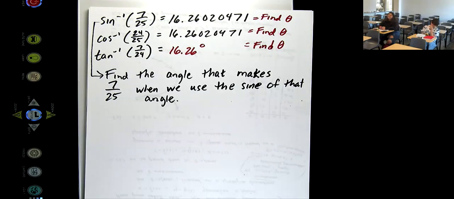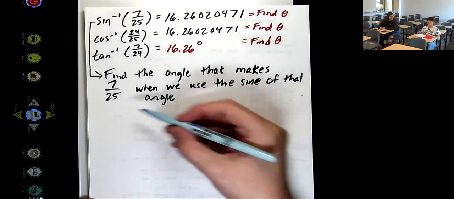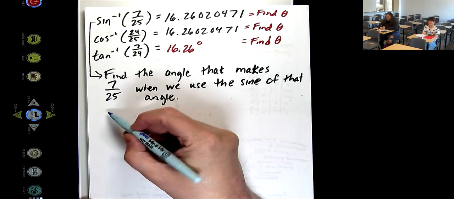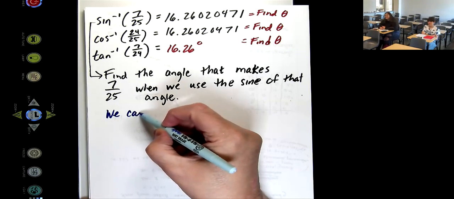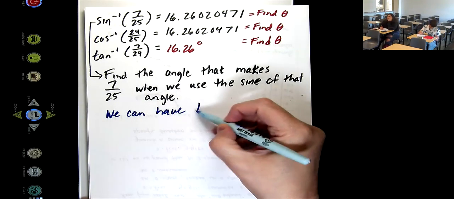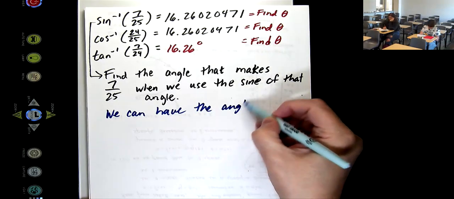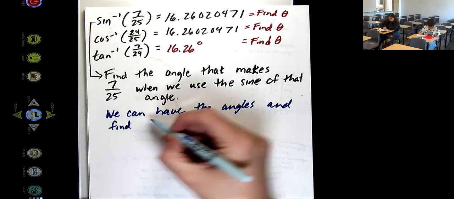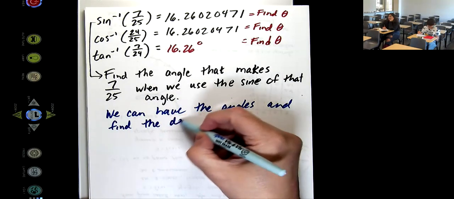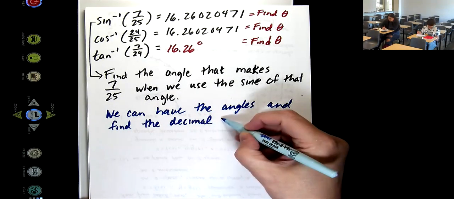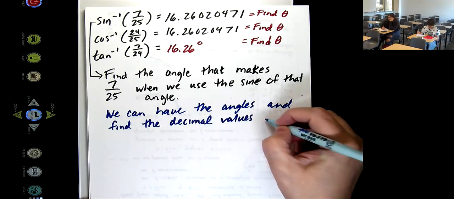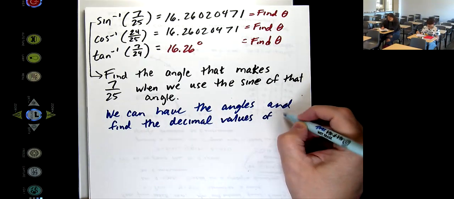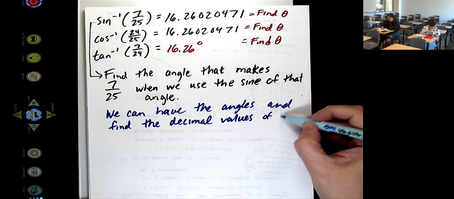Well, we can go the other way too. We can have an angle and find at least the decimal values of their ratio.